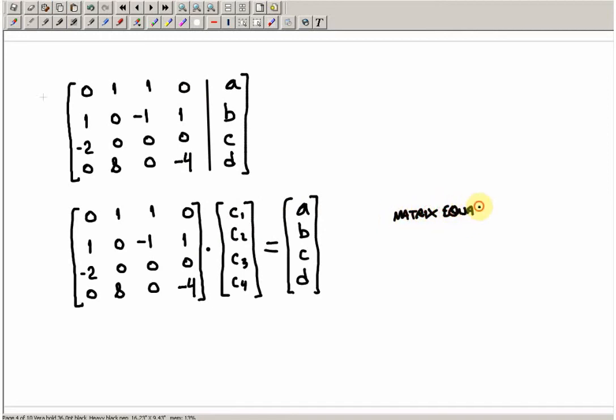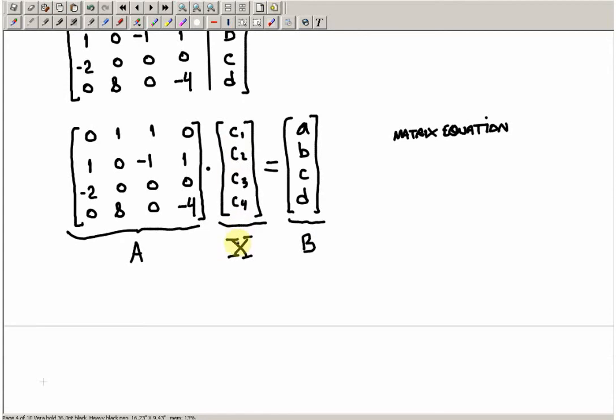And I don't know if you remember this from the first course in linear algebra. This is the coefficient matrix, this is your unknown matrix, and this is your right hand side. We're solving for X, the big X here. That's the variable matrix.